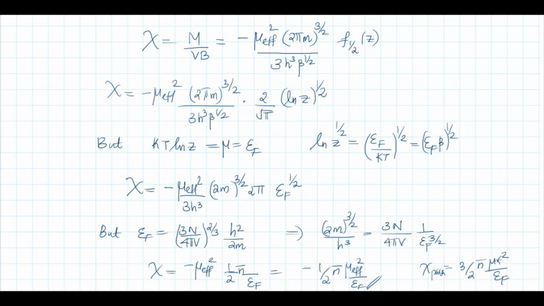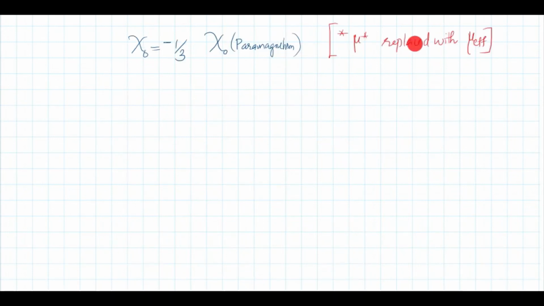Another difference is this mu star is intrinsic magnetic moment of molecules, and here mu effective is actually eh by 4 pi mc. So you have to replace this mu star with the mu effective, then this chi 0 is minus 1 by 3 of chi 0 paramagnetism.